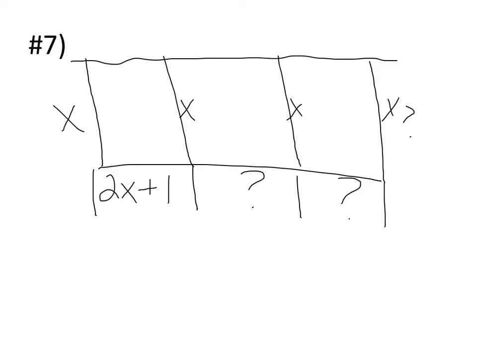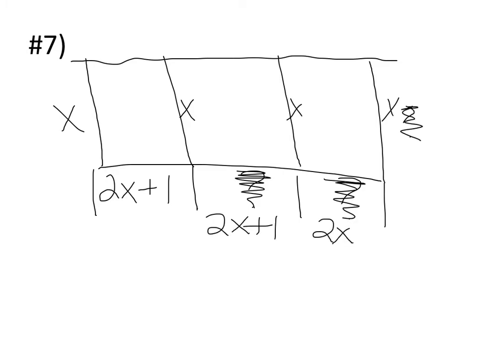And so we can go ahead and erase these question marks. Just kidding. It won't let me erase it. So we're just going to scratch it out. Okay, and we know that this is 2x plus 1, and we know that this is 2x plus 1. So we're just going to add them all together.